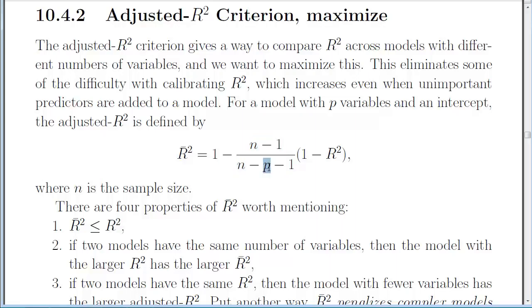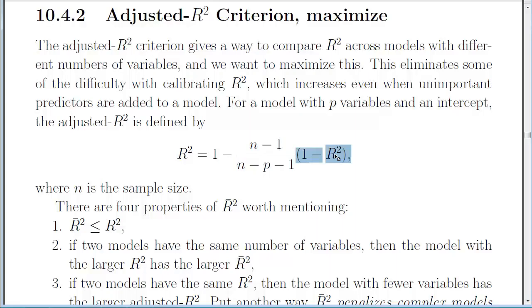So as we add variables, the unexplained variability will decrease, and this fraction will increase. And there's a balance here. If we add important variables, the amount of unexplained variability will decrease quickly, but this penalty will increase slowly.